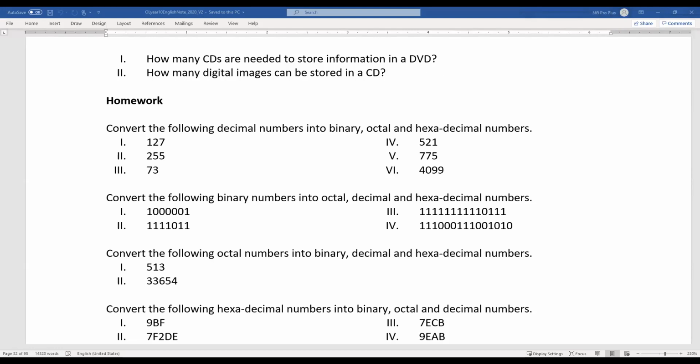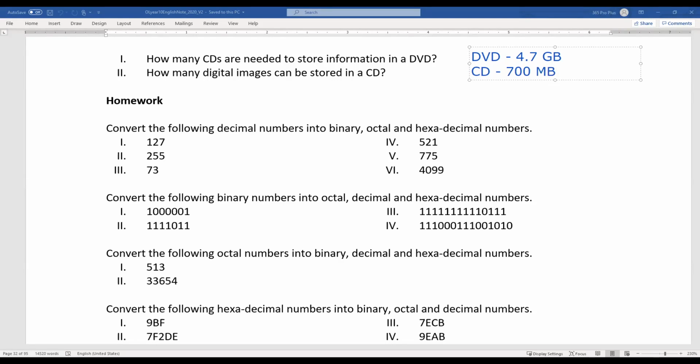What we know right now is that the amount of information you can have on a DVD is 4.7 gigabytes, and a CD has about 700 megabytes.